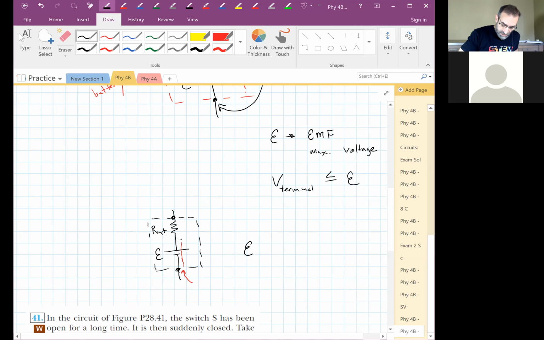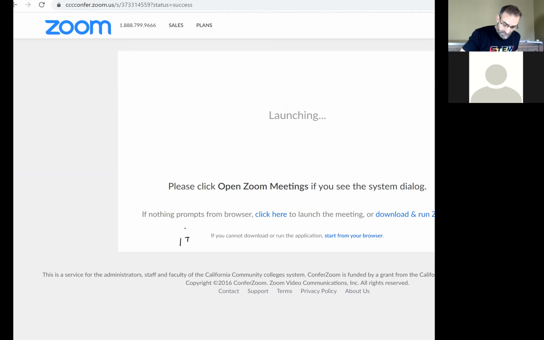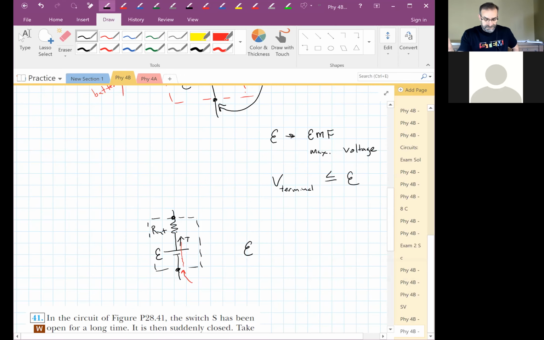Now the current goes in this direction. So as we continue in this direction, we are going with the current through a resistor.